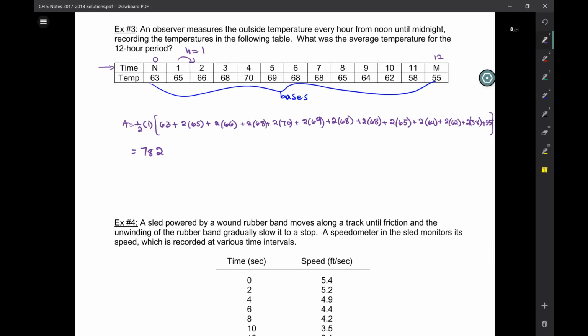Finding the mean anyway? So what we've done here, this is the area. We've just added up all of the different temperatures. So the average temperature is 782 over 12, which is about 65.167.